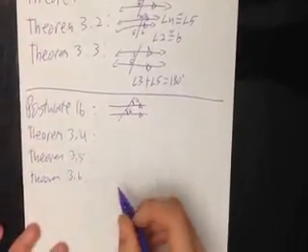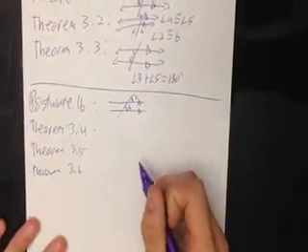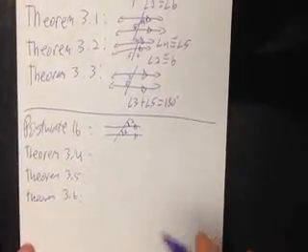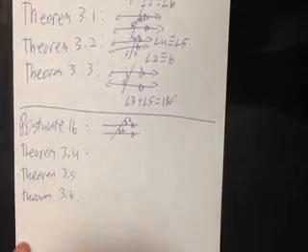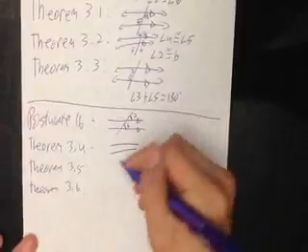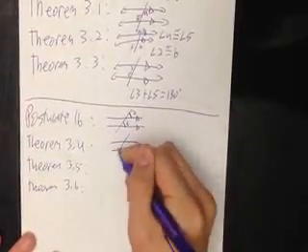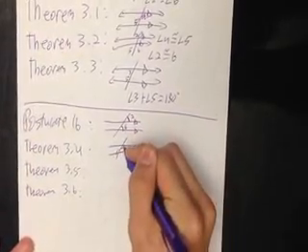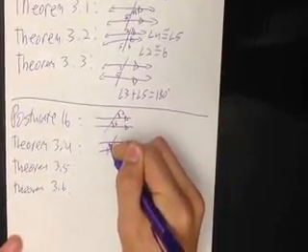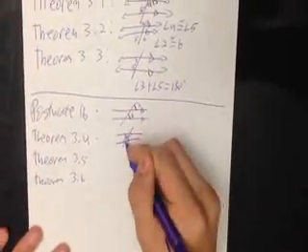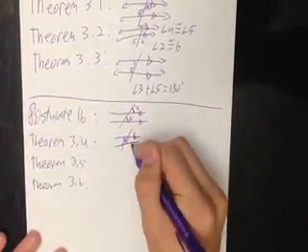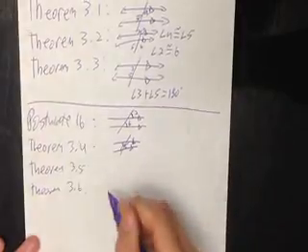Theorem 3.4 is the alternate interior angles converse, the same as the backwards of theorem 3.1, as we see this trend going here. Two lines cut by a transversal, and if these angles or these angles are congruent, then these would be parallel here.